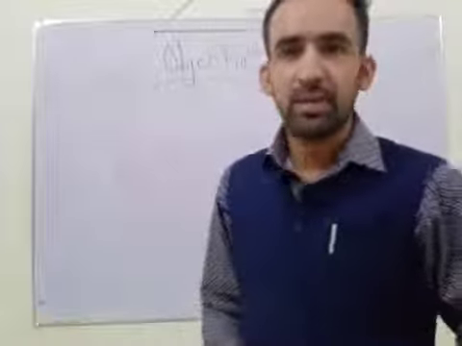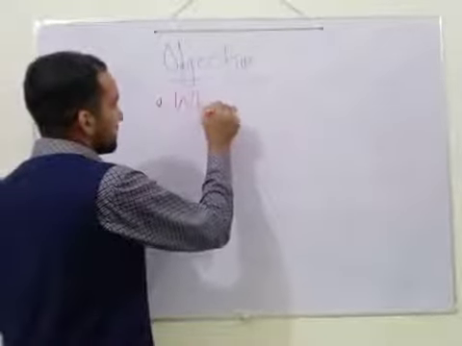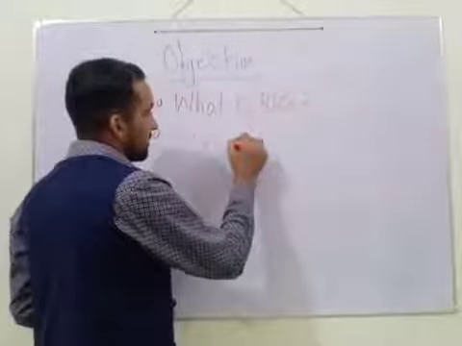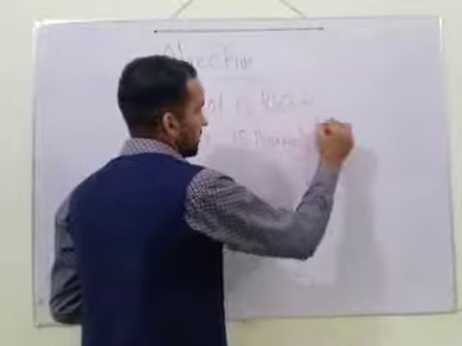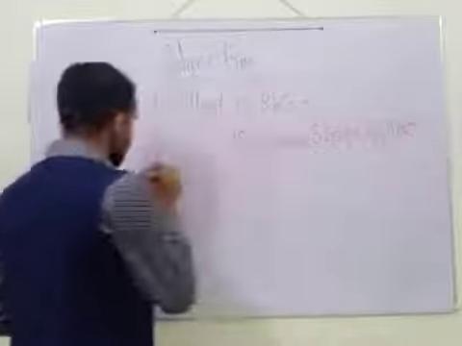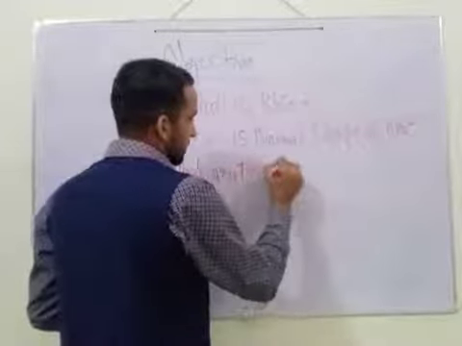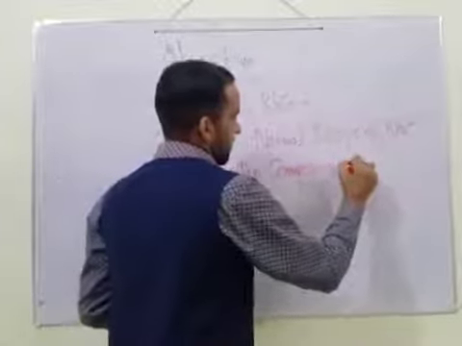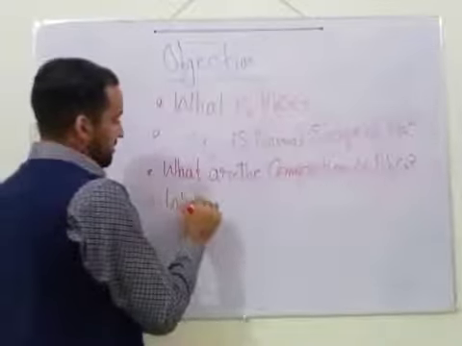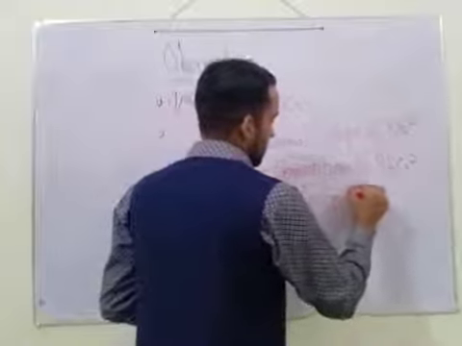What is a red blood cell? Our objective is: what are RBCs; number two, what is the normal shape of RBCs; third, what is the composition of red blood cells, and what makes up the structure of RBCs.